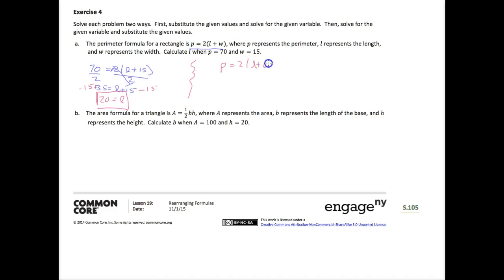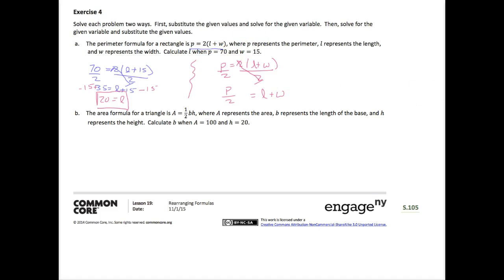L plus W. Oh well. We're going to divide by 2. Really, we're going to divide by 2, not P. Okay, divide by 2. There's our 1. And what we get is P over 2 equals L plus W.